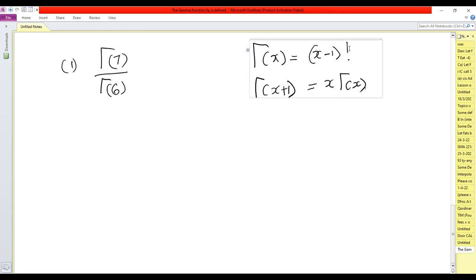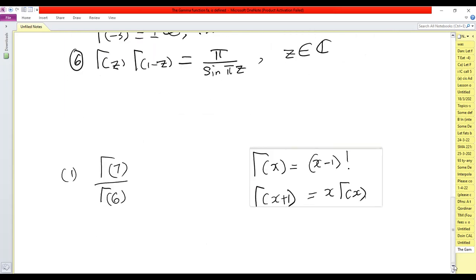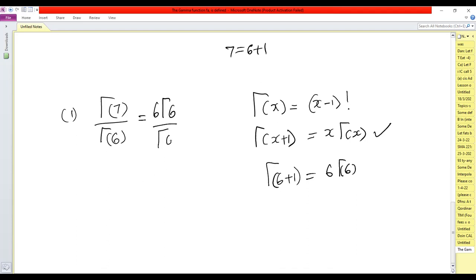Remember this result, I gave it in the introductory part. So we can rewrite gamma of 7 as 6 gamma of 6. Just remember 7 can be written as 6 plus 1. So gamma of 6 plus 1 is the same as 6 gamma of 6 using this property. And so we divide this one by gamma of 6.